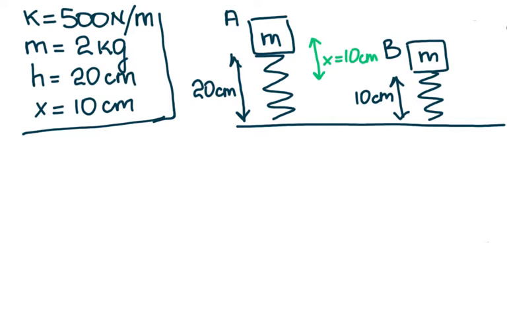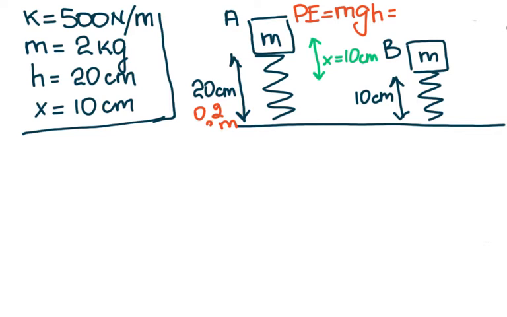So the energy that is lost by the block: the block used to have the potential, so here we have the block's potential energy, which is mgh, and the height is 0.2, so this is 0.2 meters.